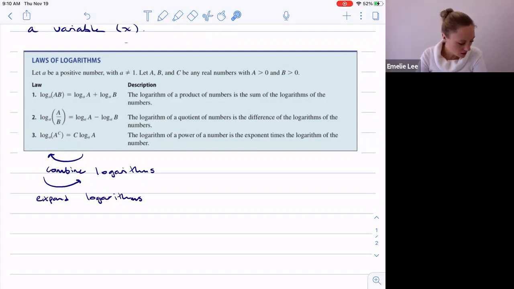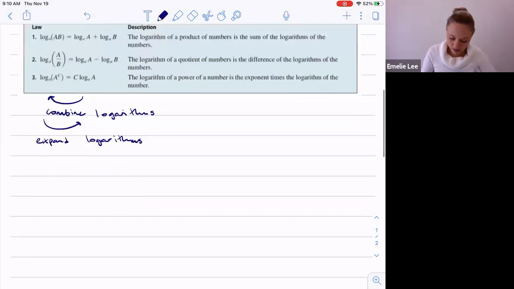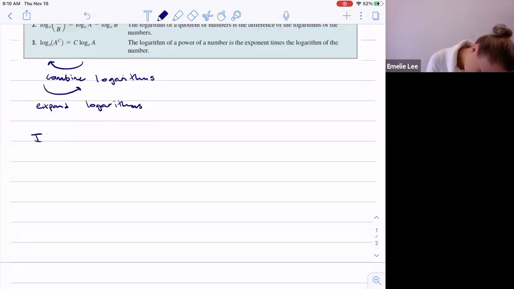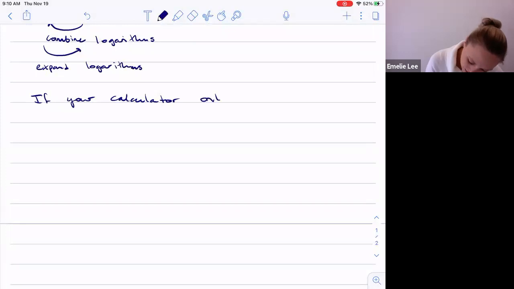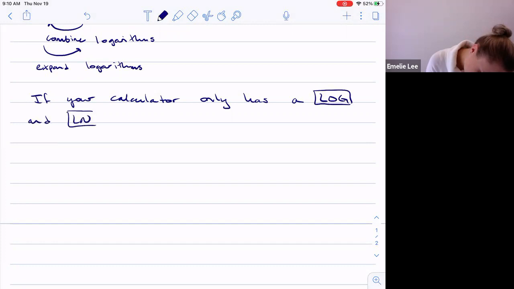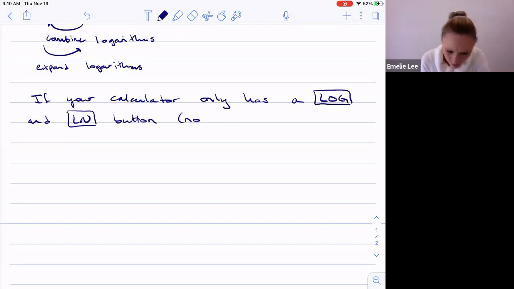Okay. So before we keep going, I also want to introduce the change of base formula. So if your calculator only has a log and ln button, right? So there's no, what does it look like on here?